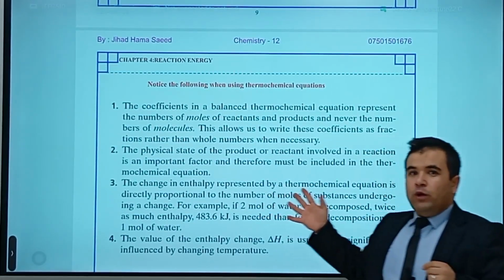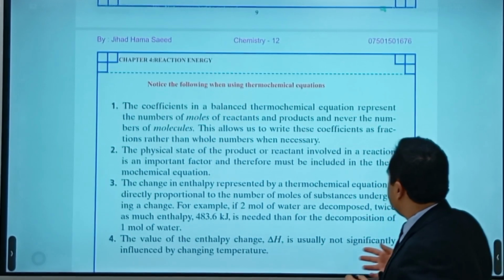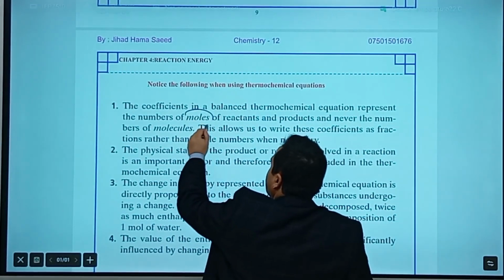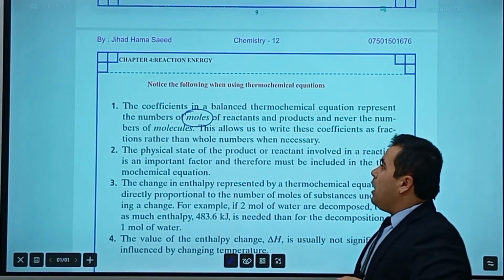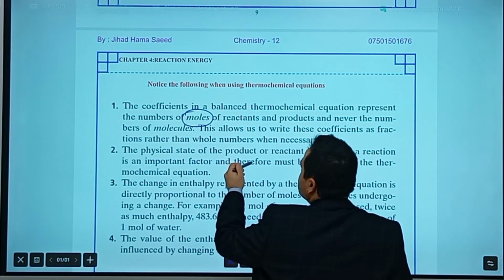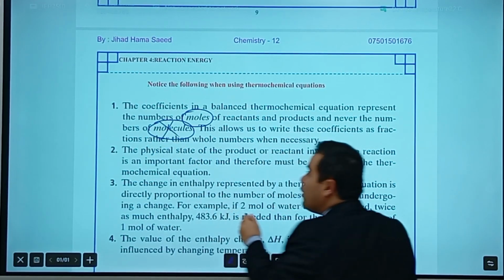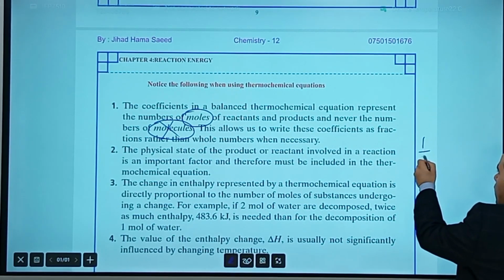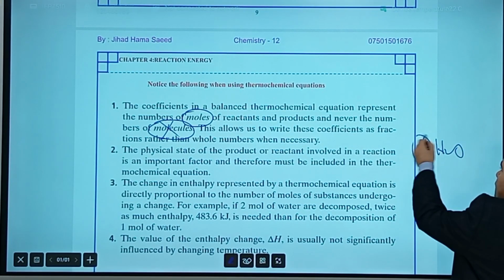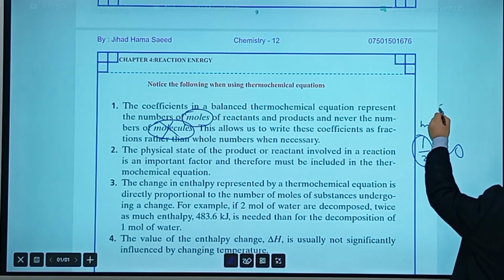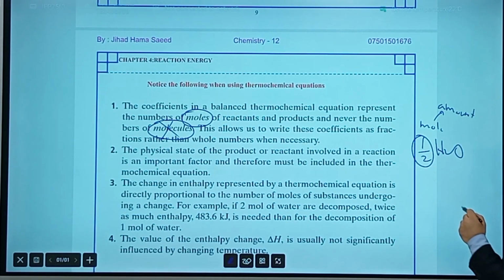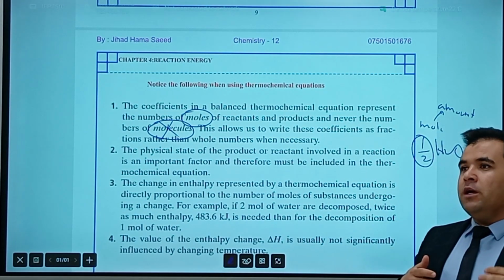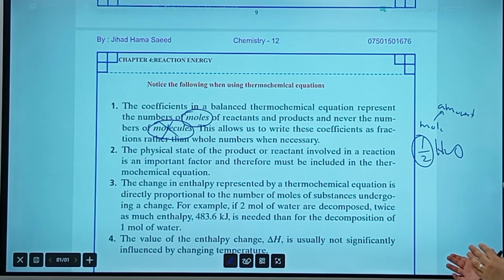Here are some notes. We have discussed some of them, and the first one, the coefficient in the thermochemical equation, we will count as the moles rather than as molecules. Why? What's the difference between them? The difference is that, guys, I can say 1 over 2 H2O. This is for the mole. Mole represents the amount of something. Amount can be a fraction, can be half, can be a quarter, can be any number.